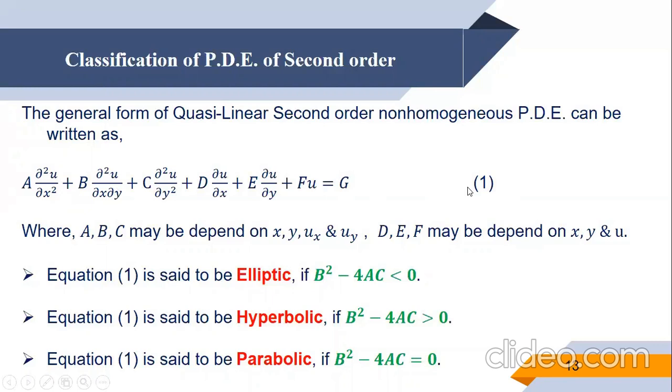Equation 1 is said to be hyperbolic if B square minus 4AC is greater than 0. And equation 1 is said to be parabolic if B square minus 4AC is 0.